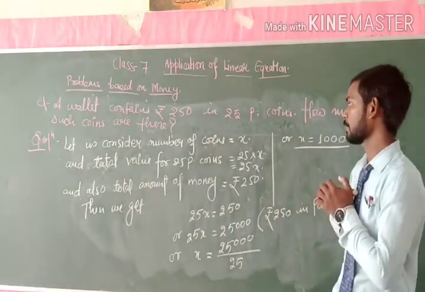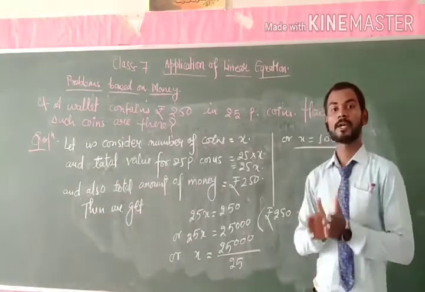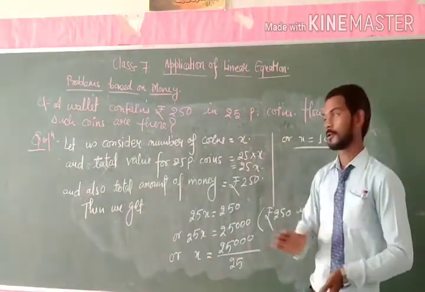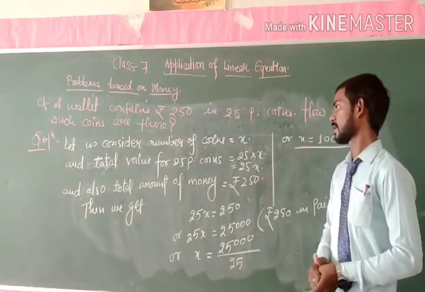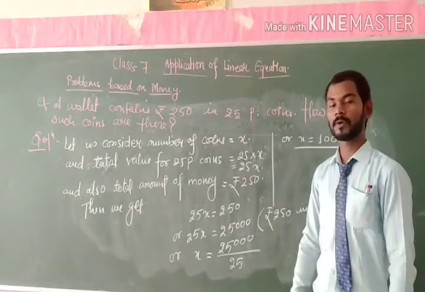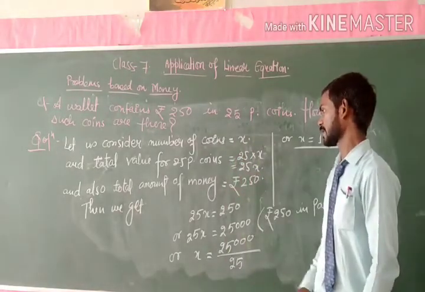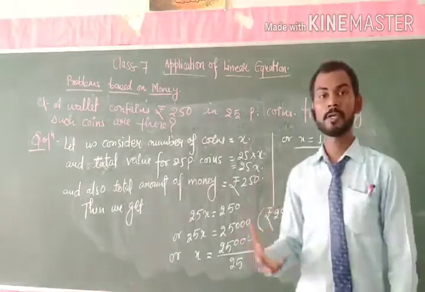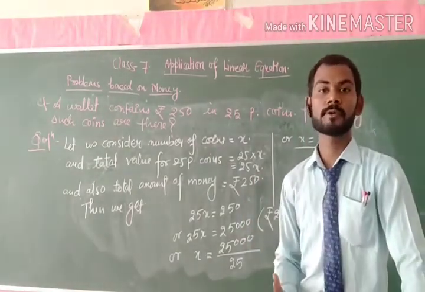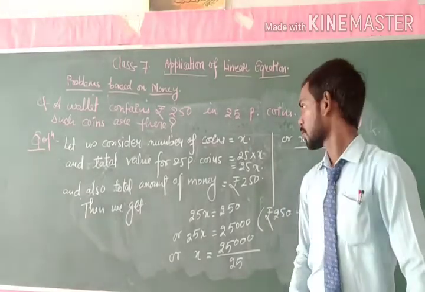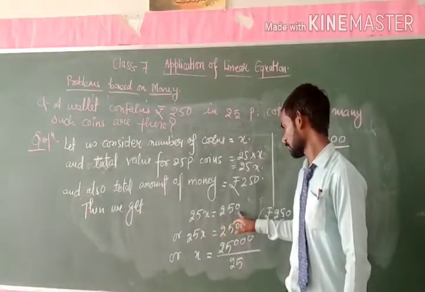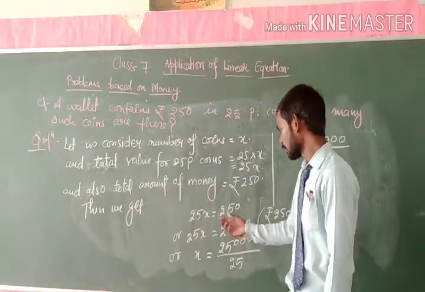In the first stage, we consider the unknown quantity, that is the number of coins is equal to x, and we write the value for this unknown quantity, that is 25x, and also the given total amount in the wallet is equal to 250 rupees. So according to the question, we have 25x is equal to 250 rupees.